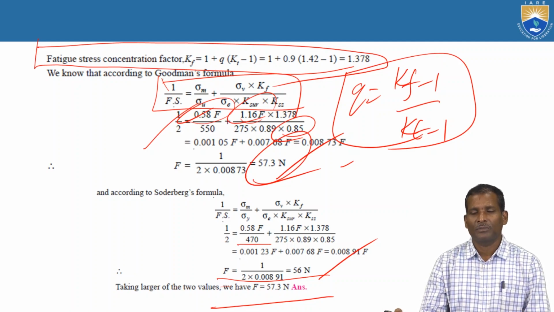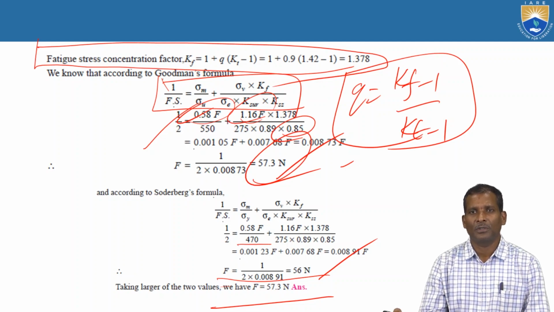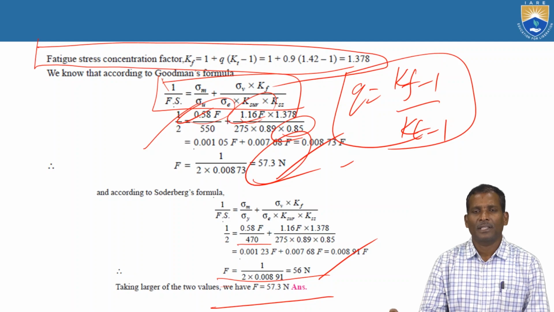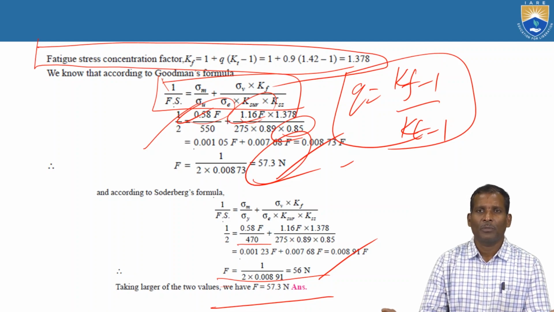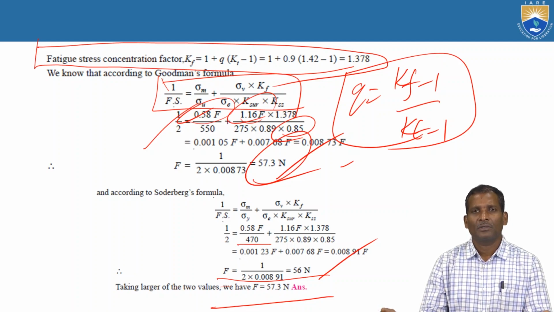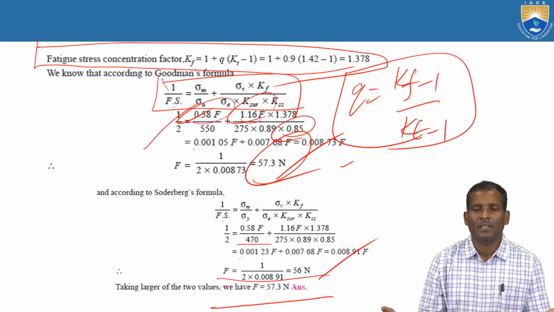Whenever the component is subjected to variable load, and also considering other different factors like the fatigue stress concentration factor, theoretical stress concentration factor, size factor, surface finish factor and other miscellaneous factors, all these factors will affect the endurance limit. Clear? So the endurance limit stress value is not a constant value. It may vary; it depends upon the type of material and the type of loading, as we studied in earlier sessions.